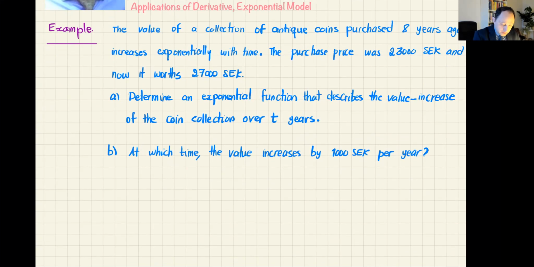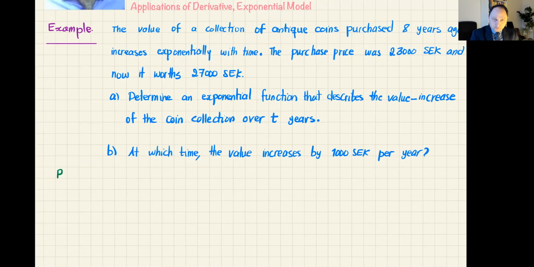So it means that the model that we are expecting is something like this. If P is the price, I'm just changing the letters here because we are talking about price. Instead of calling the function f, it's better to call the function p. These are minor differences from the book.